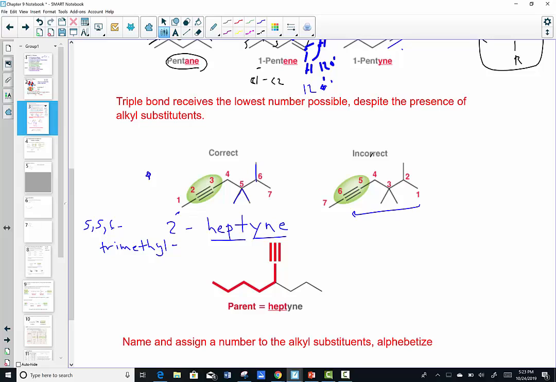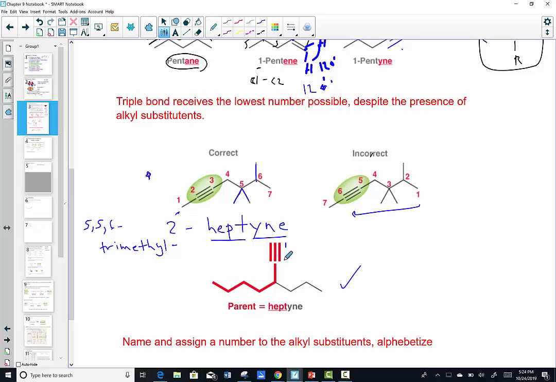Another note: make sure that even if you have a longer carbon chain without the presence of the triple bond, for example, here I could number 8 carbons as an octane, but that's not correct because the parent chain must contain the triple bond. So I do not number it in that order.